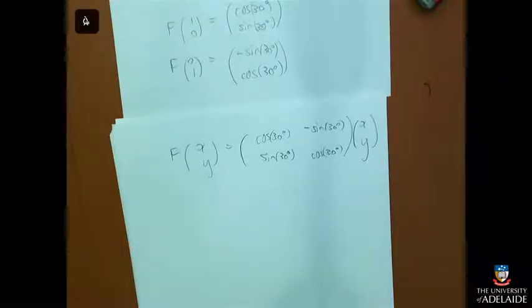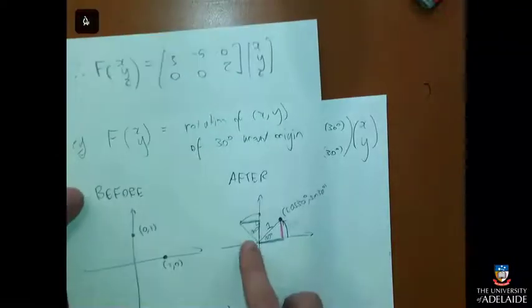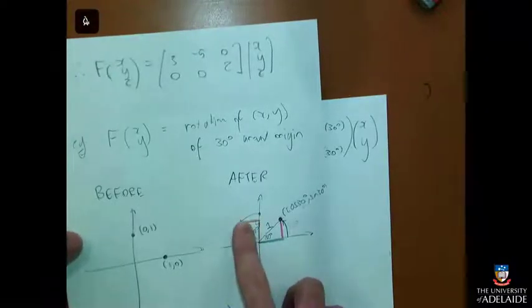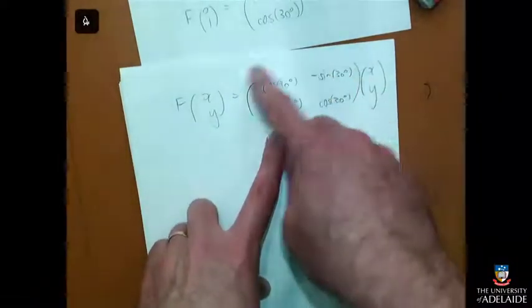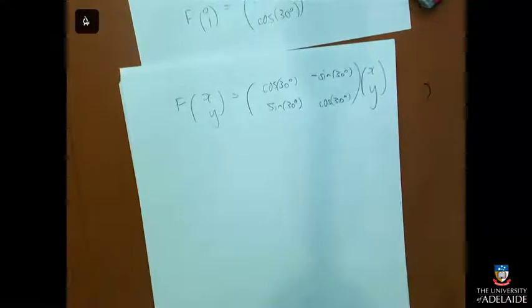But I know if I draw this picture that the minus is on the x coordinate of the second column, and that's how I know where the minus is. Some people just remember this, which is fine, but I can derive it, so I don't have to worry about my memory failing because I can figure it out.